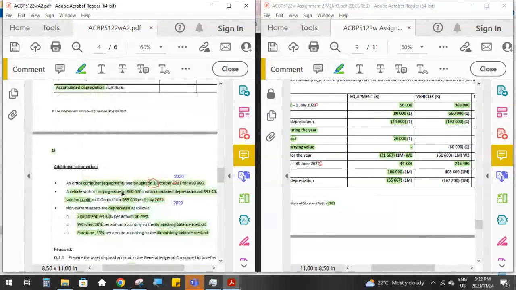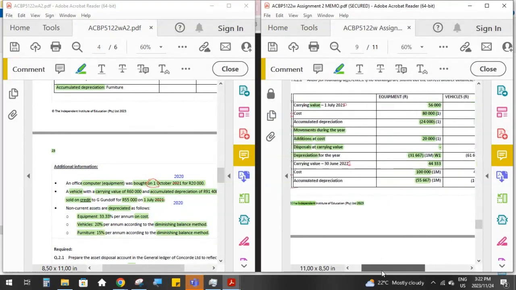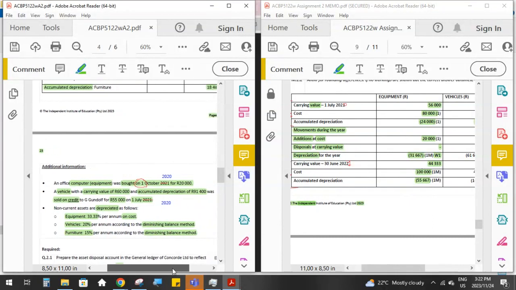We go and have a look here. No purchases of vehicles. So we put a dash under additions at cost. Did I sell any vehicles? Yes, I sold a vehicle, carrying value of 60, ACBP of 91.